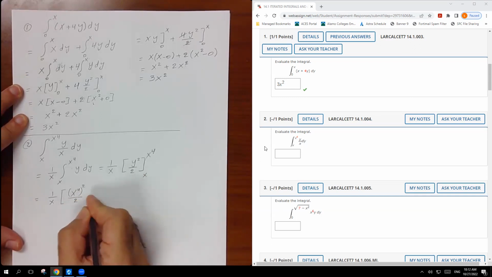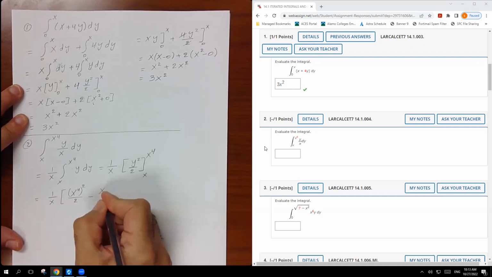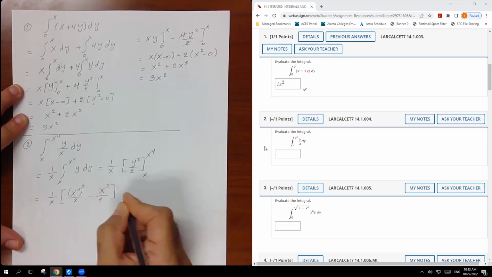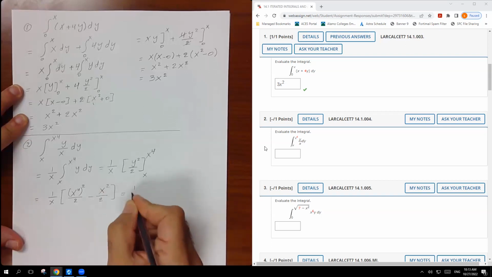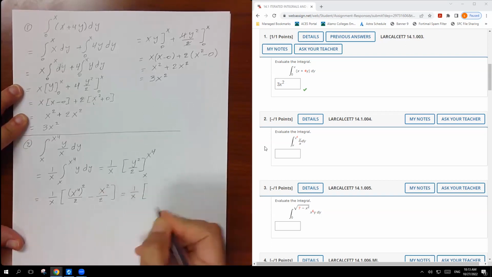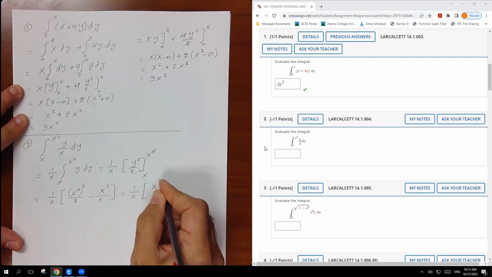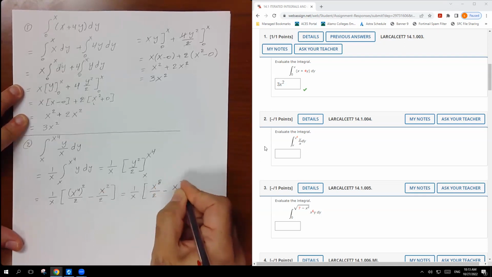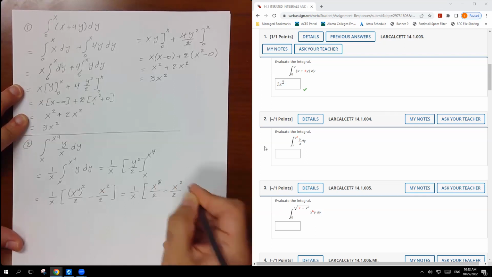And minus, we're gonna plug in the x. This one is going to be x squared divided by 2. Keep going. Here is 1 over x. Simplify this part, it's going to be x to the power 8 over 2 minus x squared over 2.